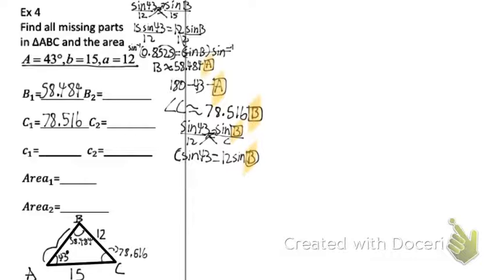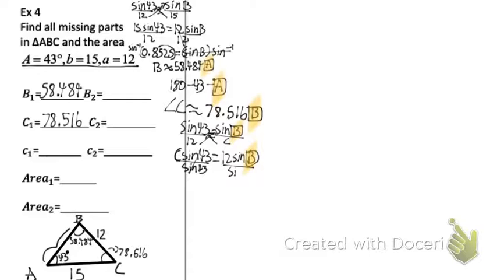And now we're supposed to divide, sorry, don't divide 12 from each side. We're supposed to divide sine 43 from each side, because we're trying to find what side C is.